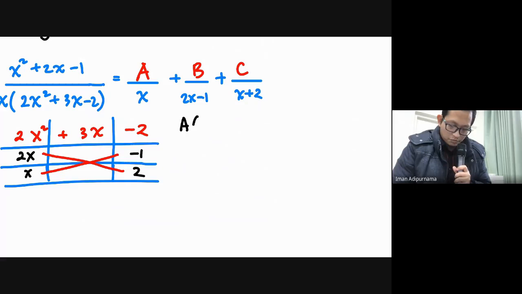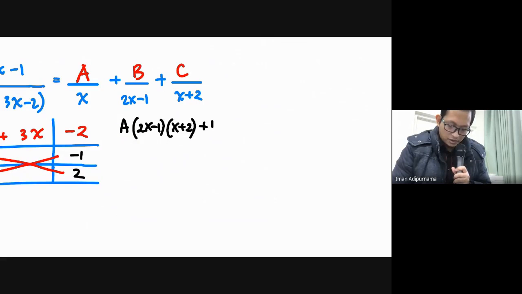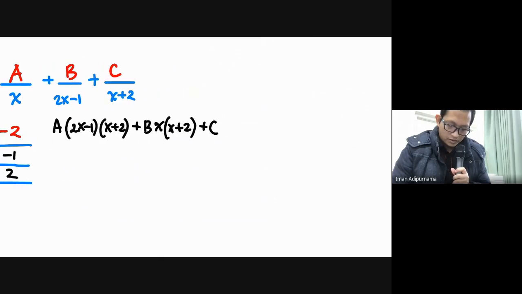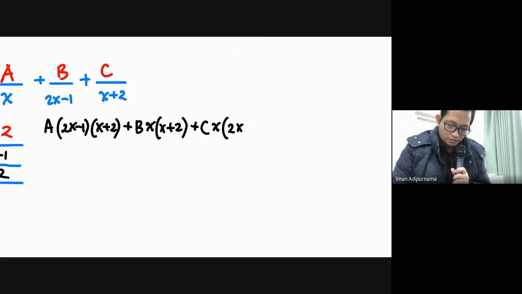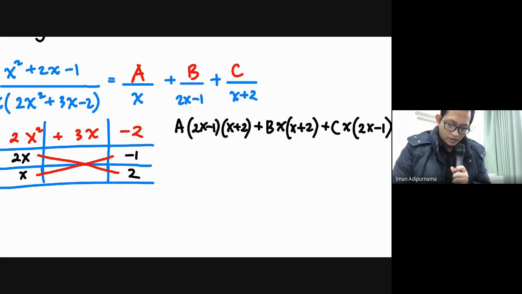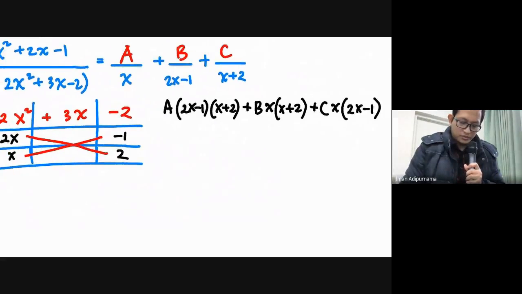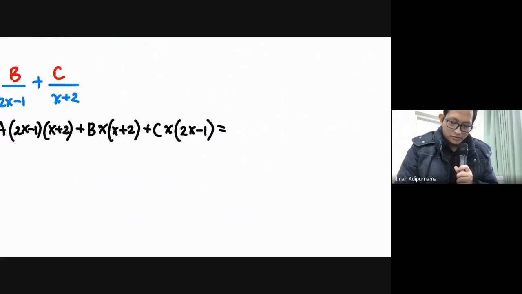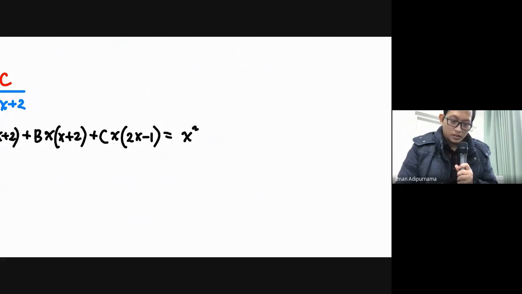So a will be multiplied with the 2x minus 1 and x plus 2, plus b, let's say x and x plus 2, and c, cx times 2x minus 1. And this should be equal to x squared plus 2x minus 1.